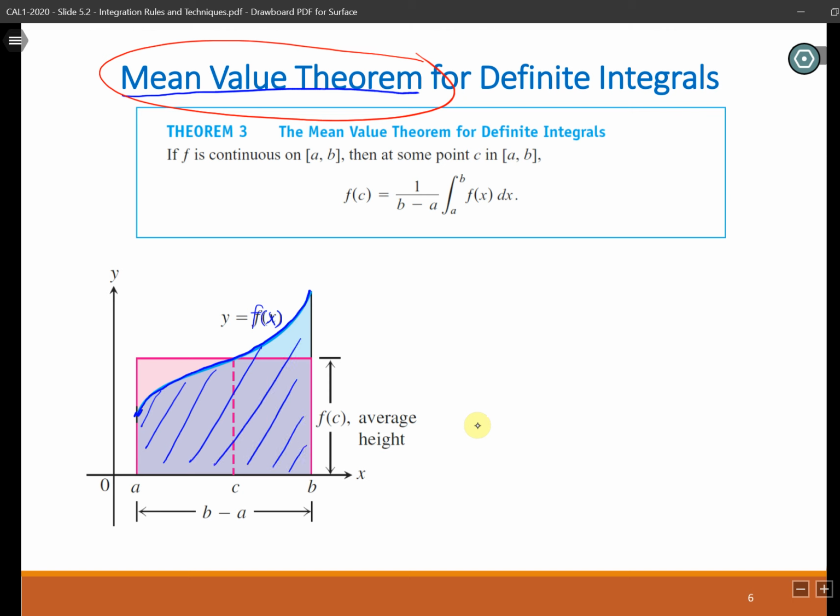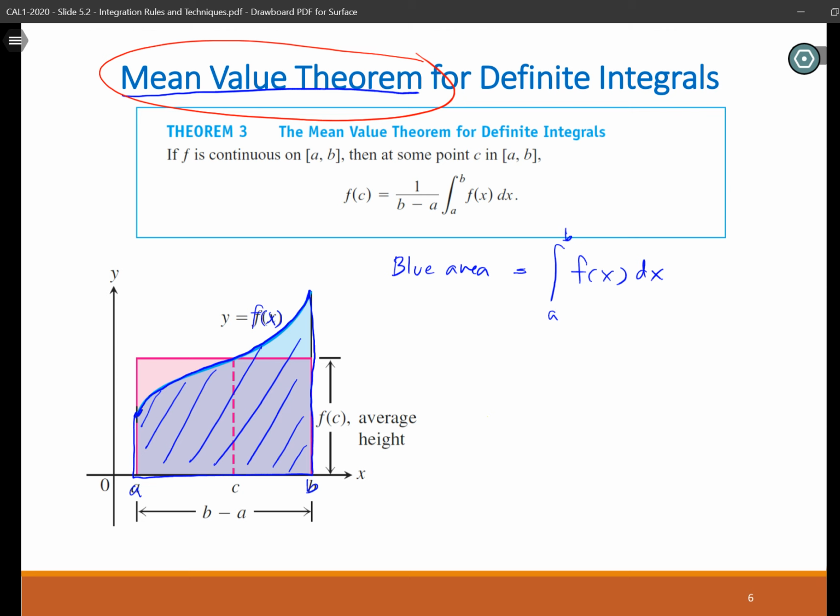This area starts at A and ends at B. If you use the definite integral, this blue area is going to be equal to the integral from A to B of f(x), performing the integration with respect to x. We are interested in this area.